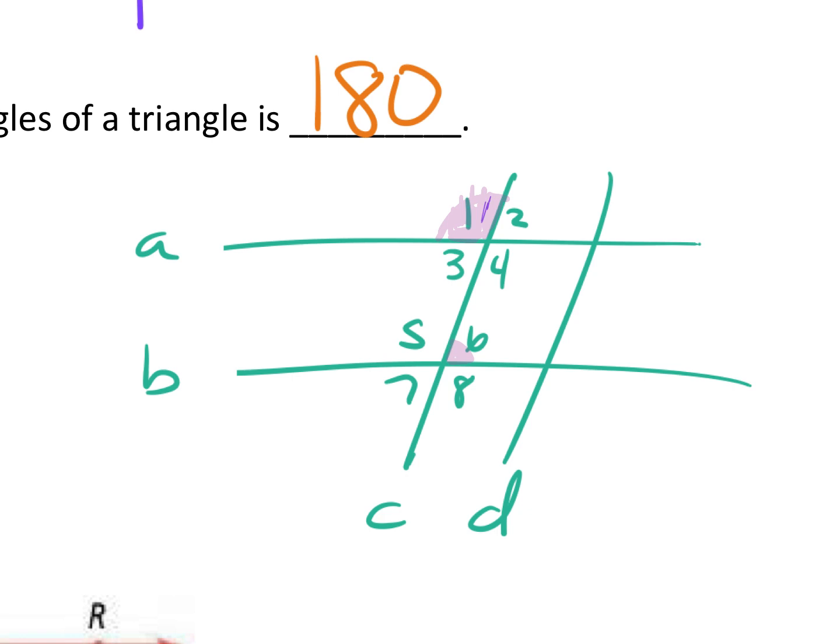What's representing the lines in this picture? The letters, okay? Line A is this line. Line B is this line. So just be careful that you know what it is we're talking about. When we talk about an angle, we're talking about this space between the lines, essentially, not the lines themselves.